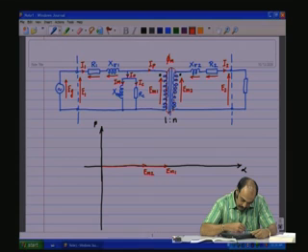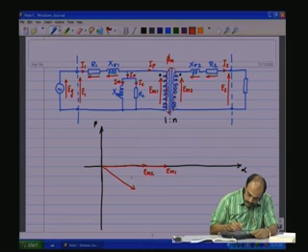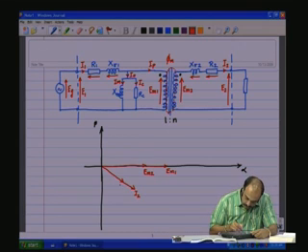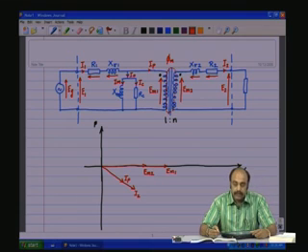So, therefore, the current will be lagging, and this would be I2, and IP will be somewhere here, let us say.